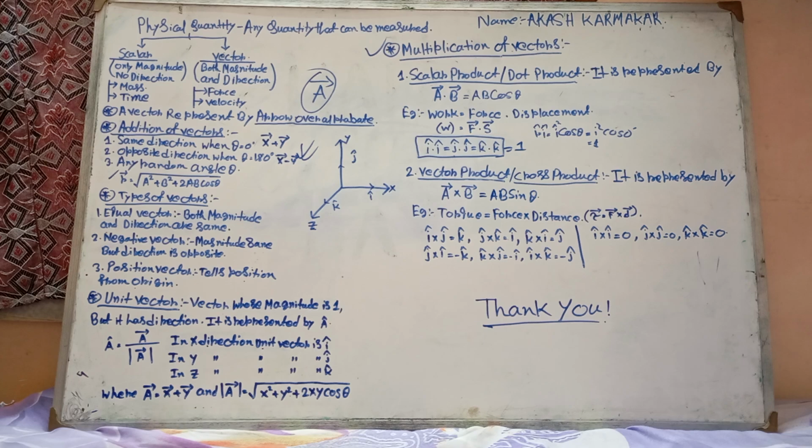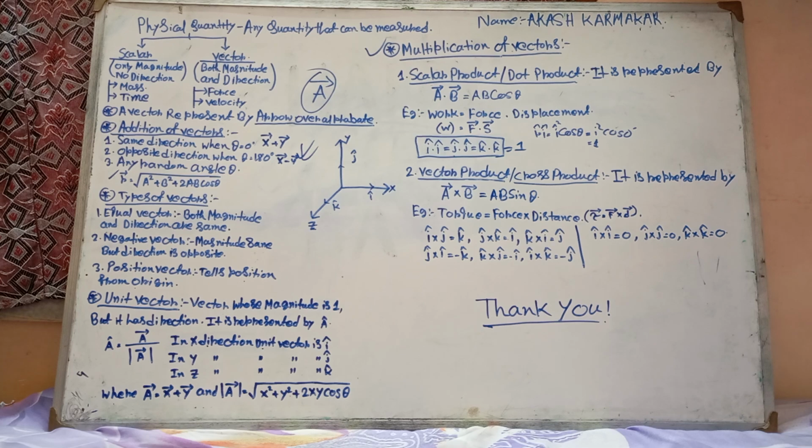Now we come to the point of unit vectors in cross product. If we take a 3D plane, then i cap cross j cap equals k cap, and this is the clockwise direction. j cap cross k cap equals i cap, and k cap cross i cap equals j cap.